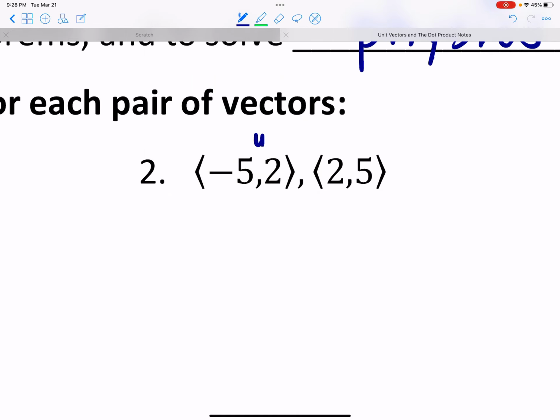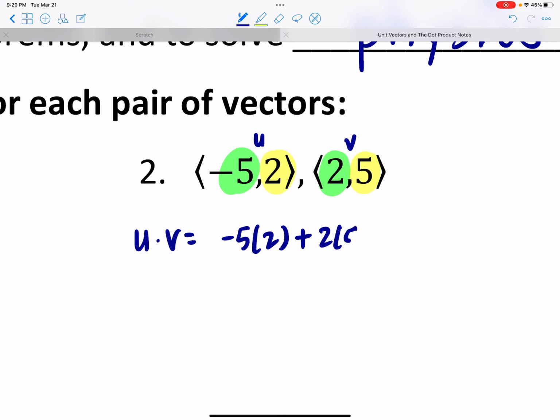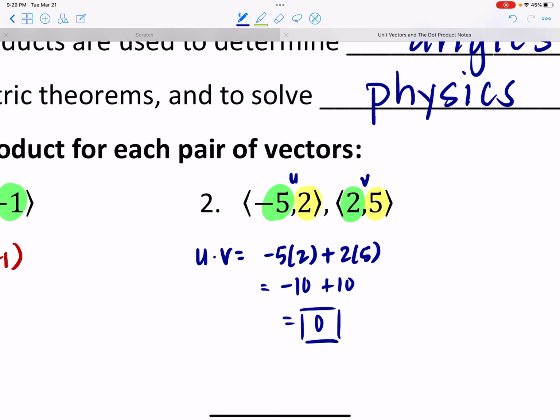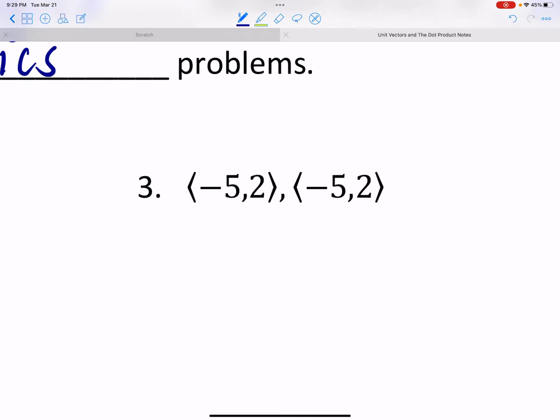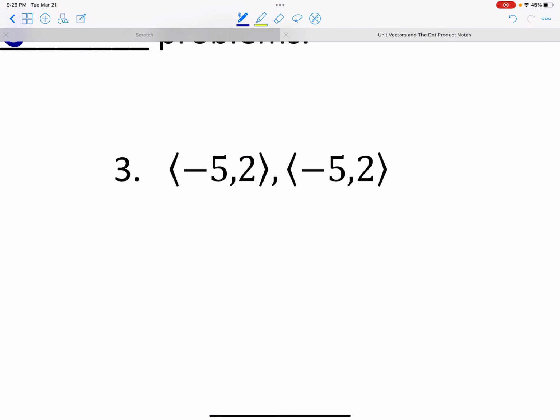So again, I'm going to just call this u and v. So u dot v is going to be equal to negative 5 gets multiplied by 2, and 2 gets multiplied by 5, and we want to add those two products. So that's a negative 10 here and a positive 10 here, which means our dot product in this case ends up being a 0. And then here, multiplying the same vector by itself, we're going to get something that makes sense.